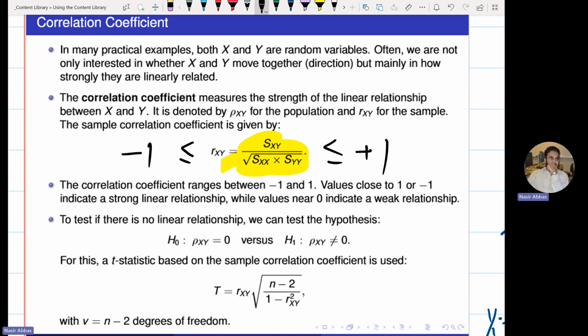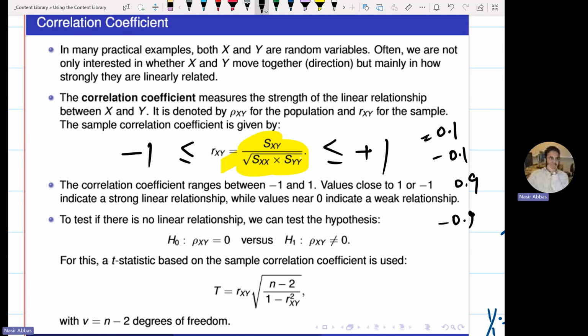And the value indicates the strength of the relationship. So if R is 0.1, that means a weak positive relationship. If it is minus 0.1, weak negative. If it is plus 0.9, strong positive. Minus 0.9, strong negative.